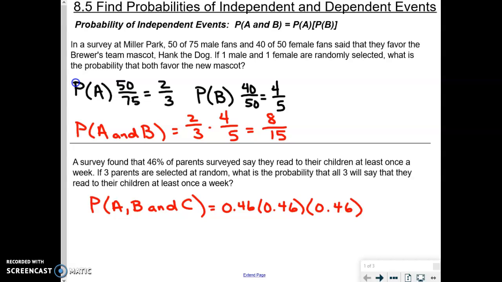And if you multiply those together, that's approximately equal to 0.0973. So since the original problem started with percentages, I would just say we'd round this one here, and you can round it really any way you want, but I'm just going to simply say it's about 9.7% for that probability. So there are some examples of dealing with independent events.